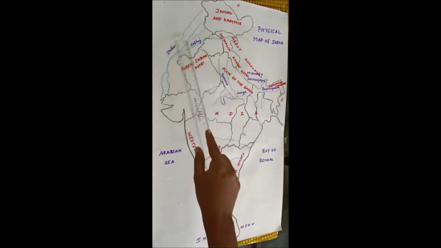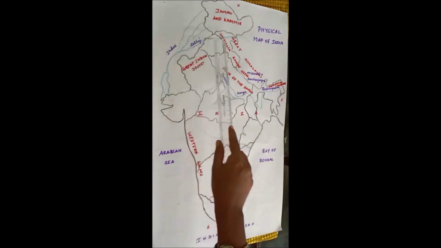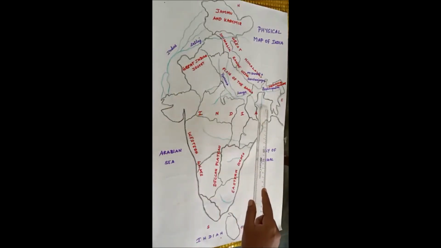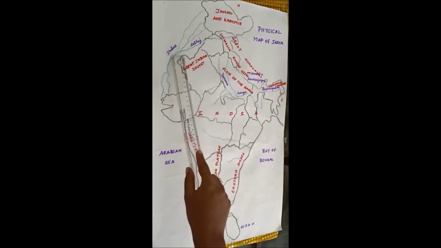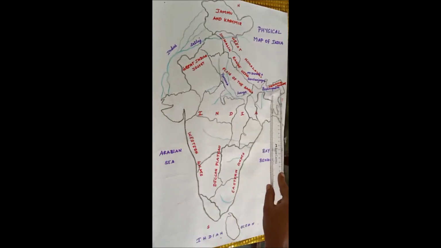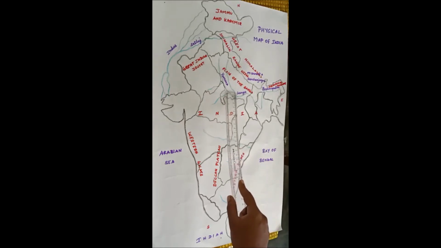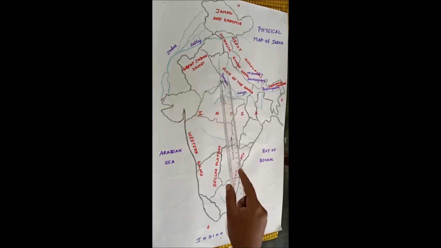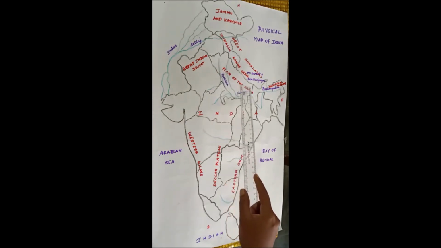This is all on the northern side. I also said the northern plains are the food bowl of India, because most of India's wheat and rice are grown here.